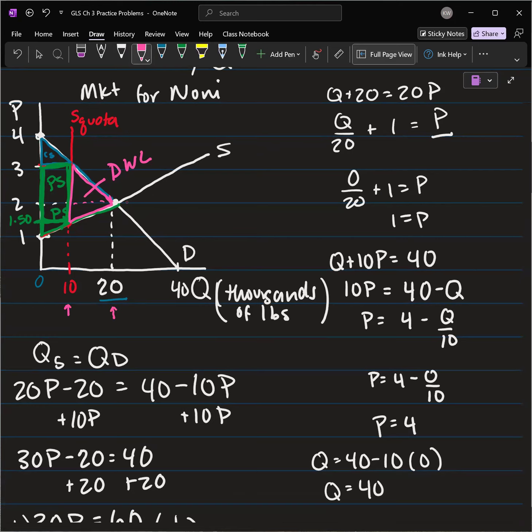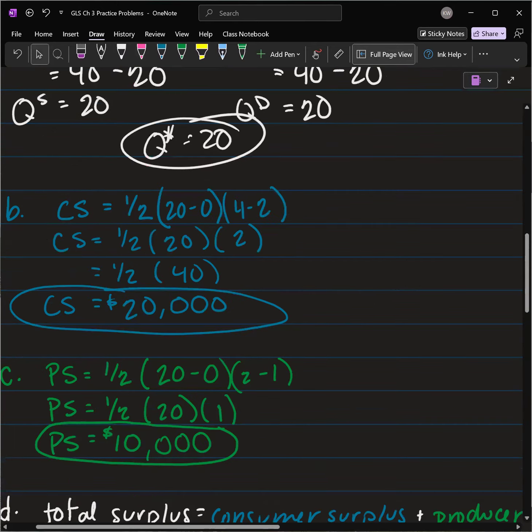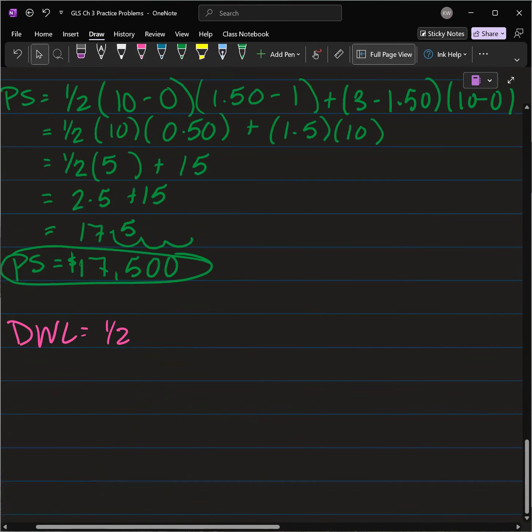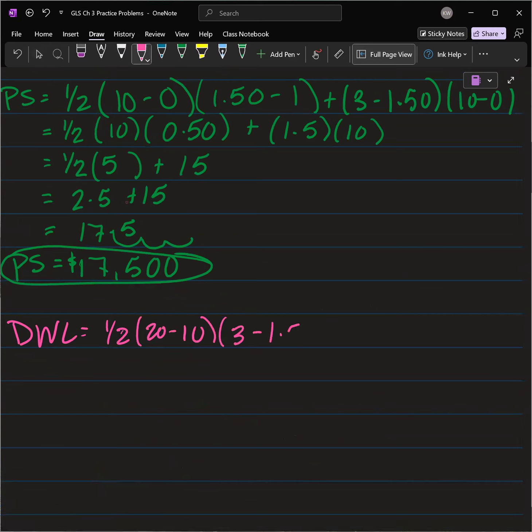And then our height is the difference between the price at which suppliers provide 10,000 pounds of noni, which is $1.50, and the new price at the quota, which is $3. So we'll have a height of 3 minus 1.5. Okay, so our deadweight loss is 1/2 times 20 minus 10 times 3 minus 1.5.